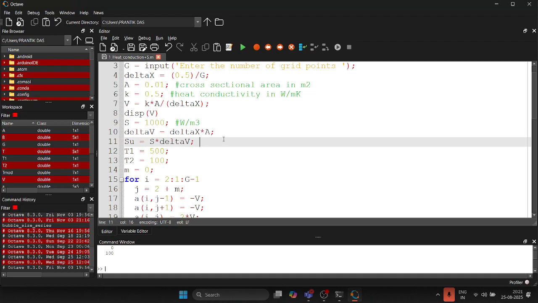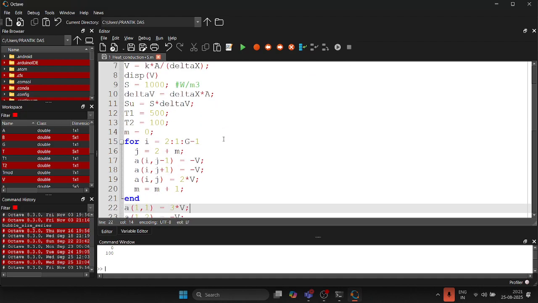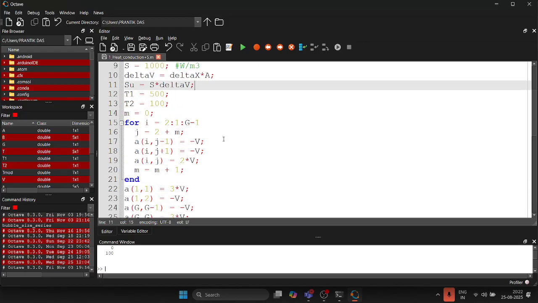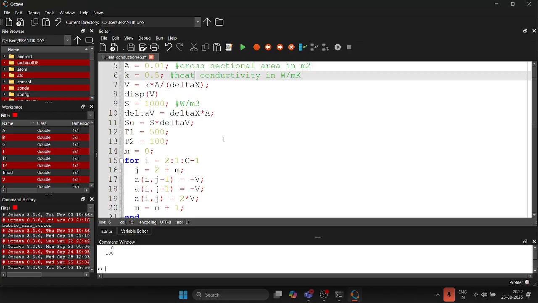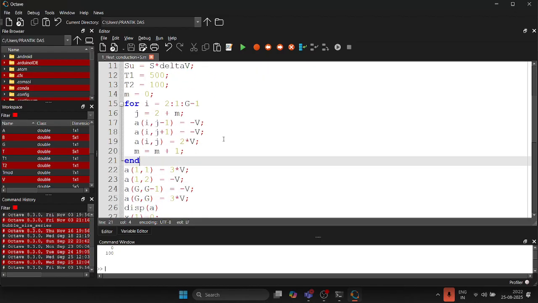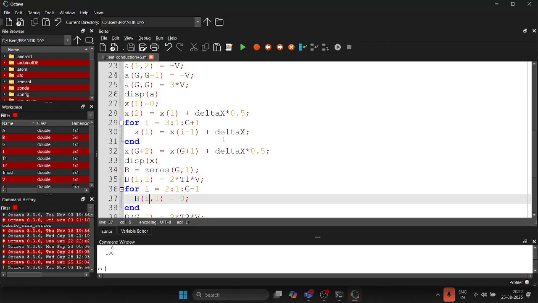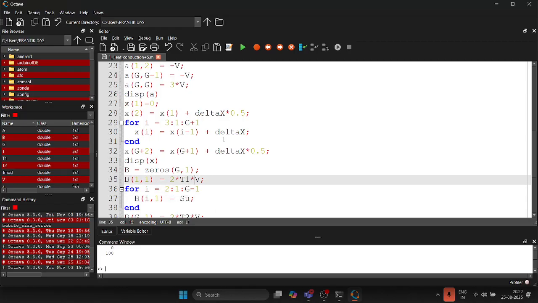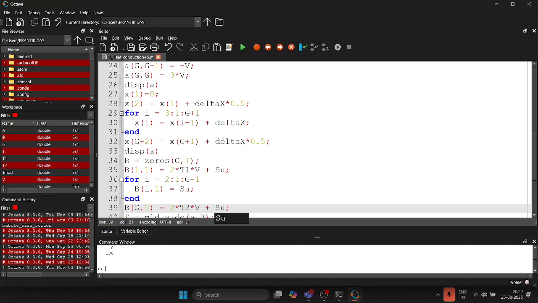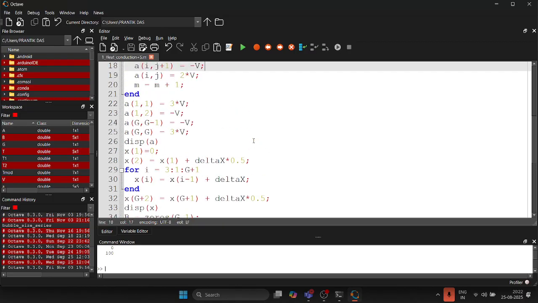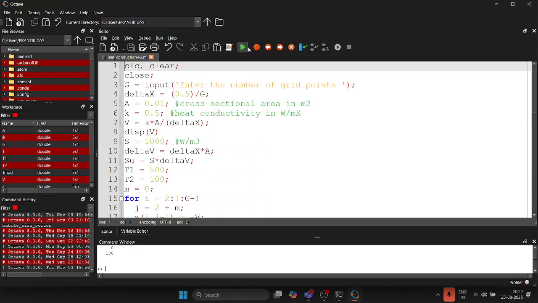So now what I have to do is add this source term in the matrix itself, the B matrix. So I go here, and this will be equal to AC, and this should be AC. I hope I defined the AC right.